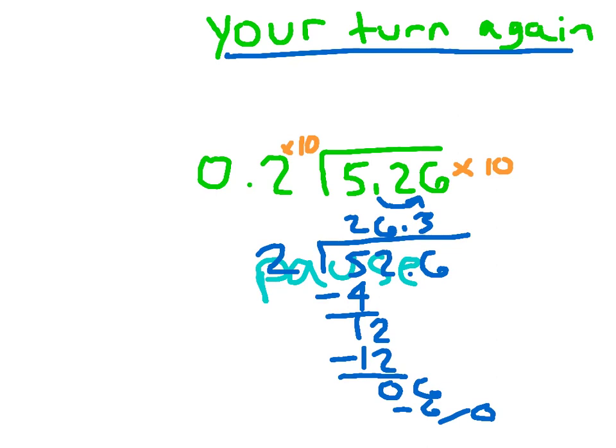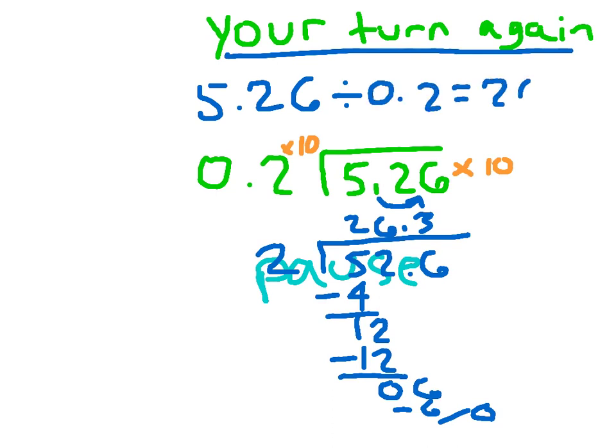So the answer is 26.3. 5.26 divided by 0.2 equals 26.3. Read it using hundredths and tenths. 5 and 26 hundredths divided by 2 tenths equals 26 and 3 tenths.